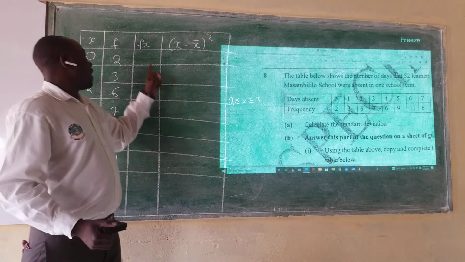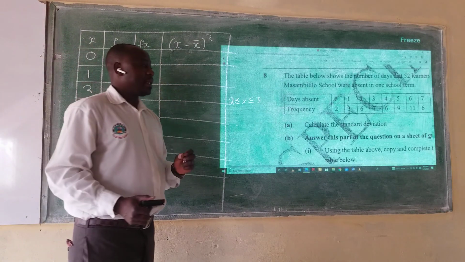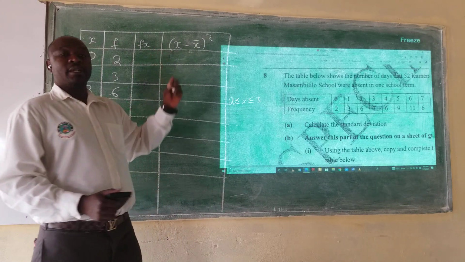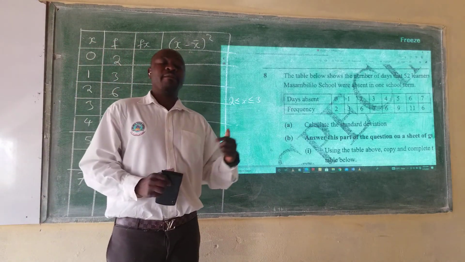The next column is fx. In mathematics, fx means that you are multiplying f and x.